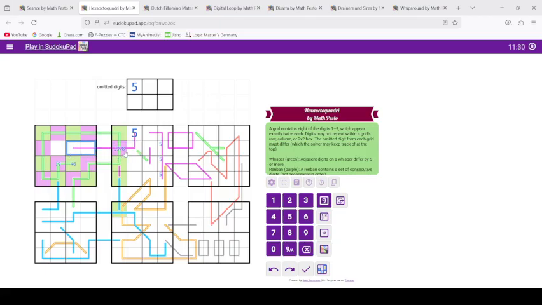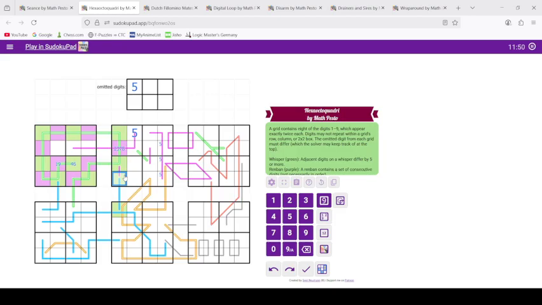But there's at least one green over here and at least one pink over there. That does mean that neither of these could be 4 or 6.